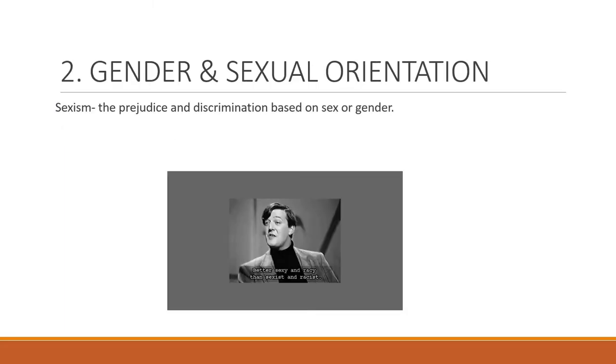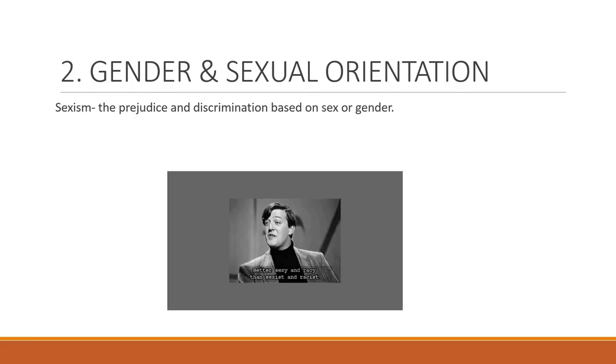The second one is gender and sexual orientation. Okay, so don't forget the word sexism, the prejudice and discrimination based on sex or gender. We do have here an image that states better sexy and racy than sexist and racist.